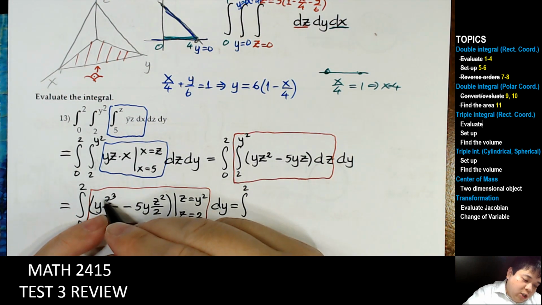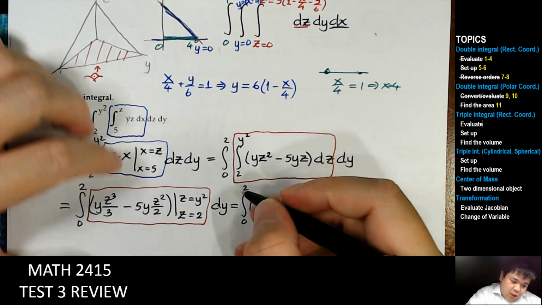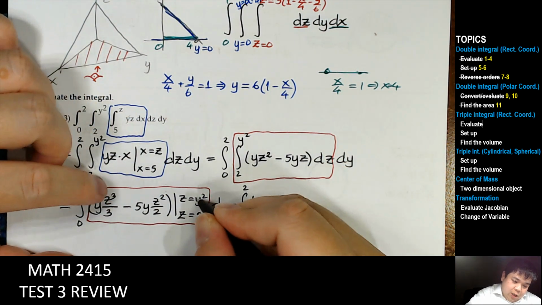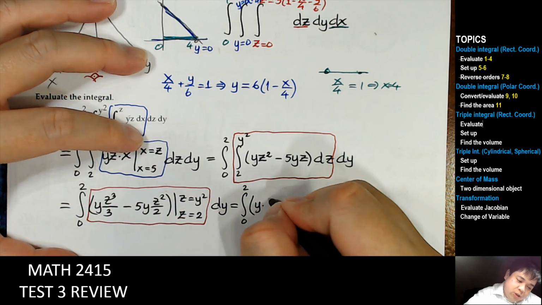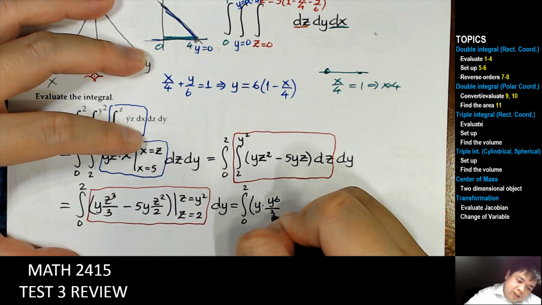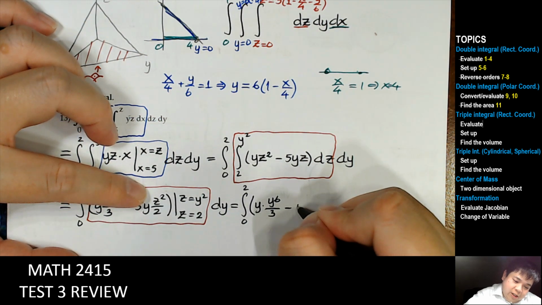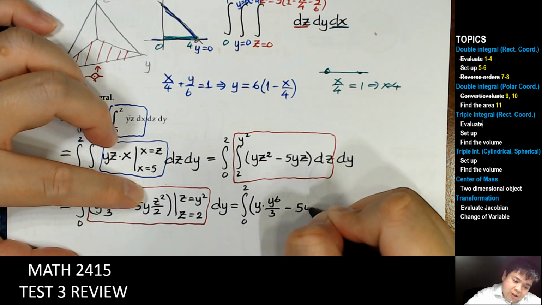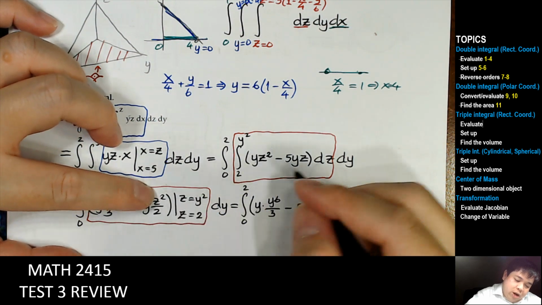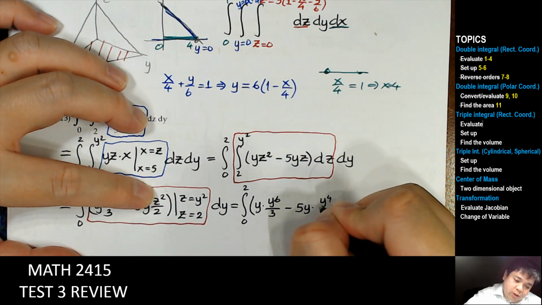Right. First I'm going to put in y squared here. So now we have y squared cubed is y to the 6, and then put y squared here. Y squared squared is y to the 4th.